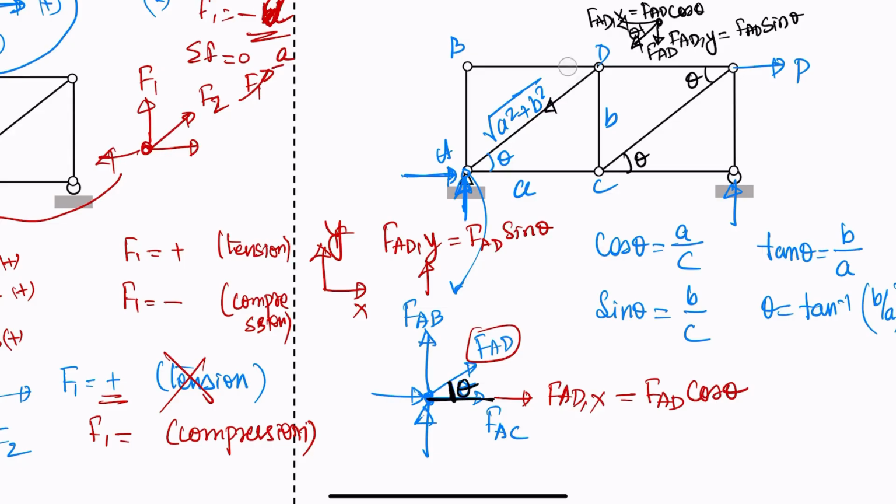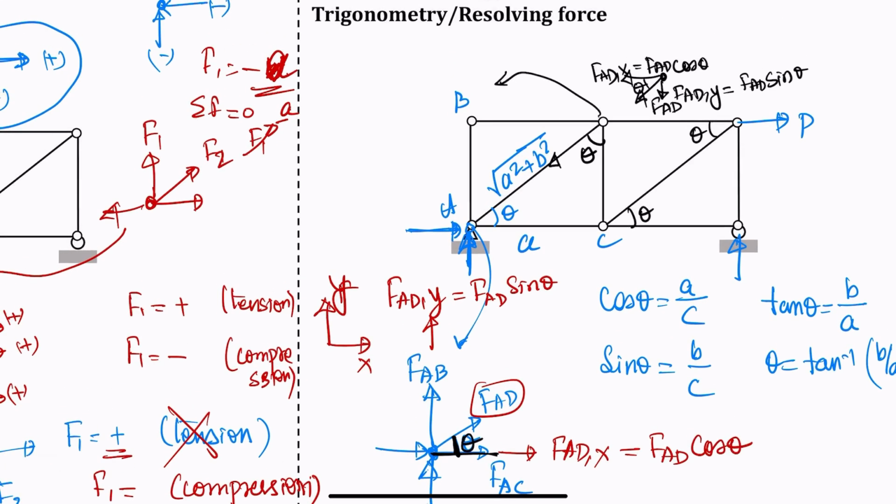Okay, just to demonstrate why this is important, what if you take this theta in the vertical direction? I'm just going to choose only one, which is FAD, and you assume that this is theta. Then this will be FADY and this will be FADX.